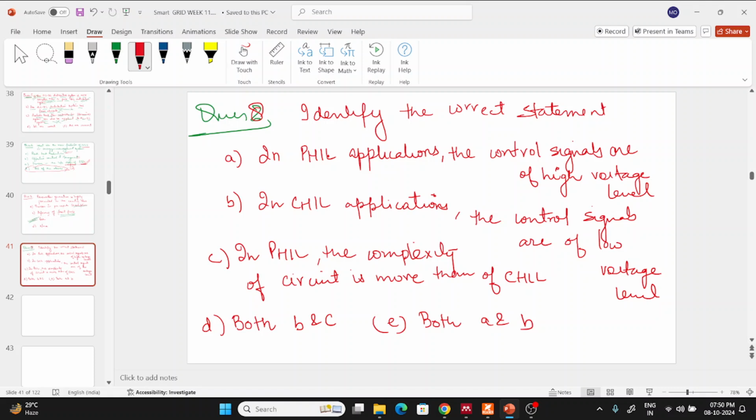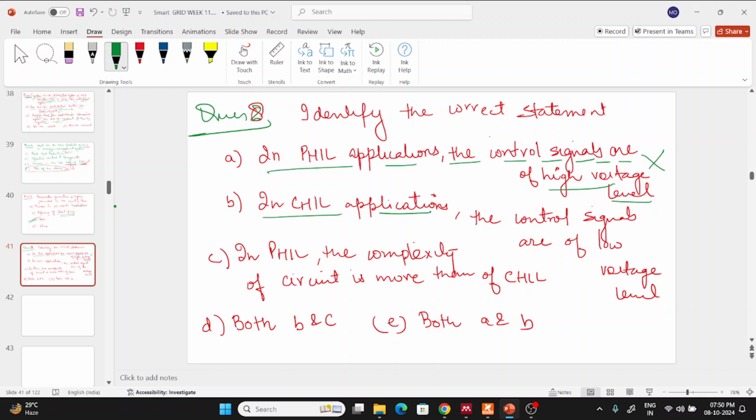Anyone else? In PHIL application, the control signals are of high voltage. It is wrong. In PHIL applications, the control voltages are for the power devices, which are hardware. But after that, their voltage level is brought down.